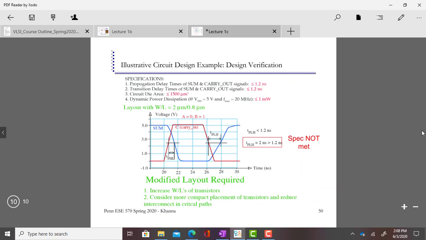And the final step is design verification. So now you have the mask and everything. You verify it in, for example, PSpice or something.